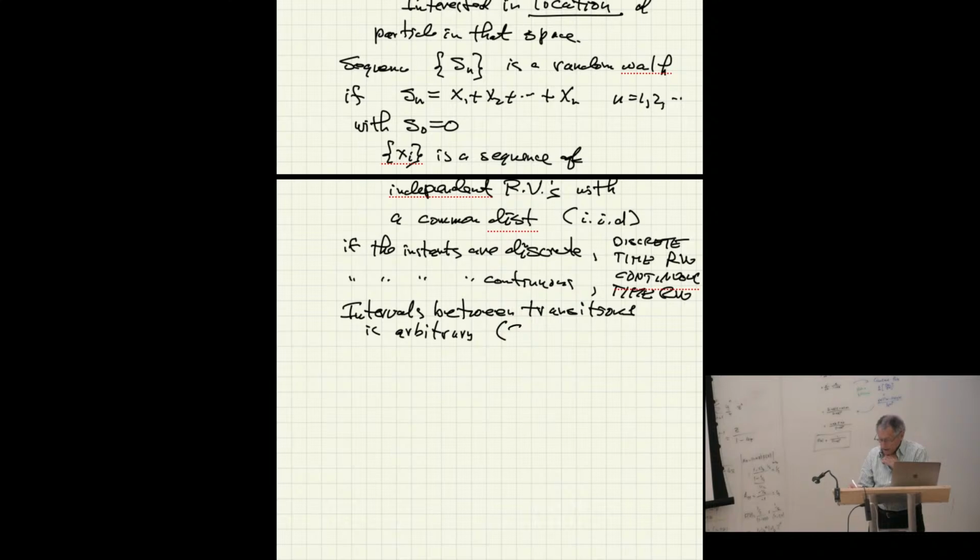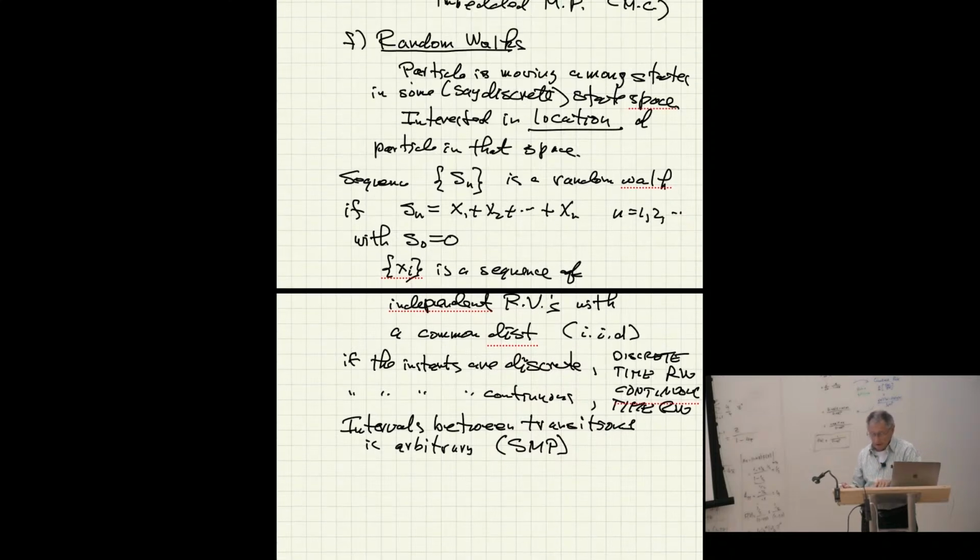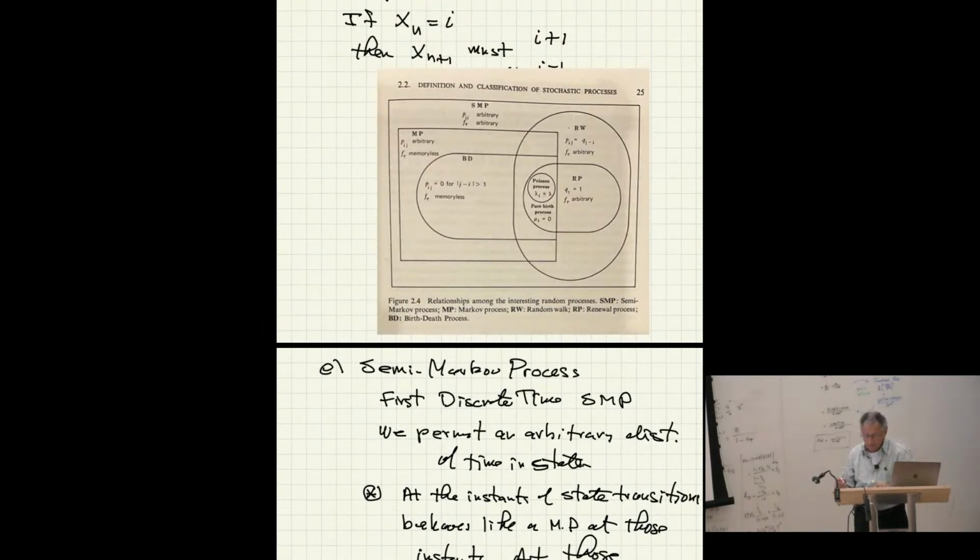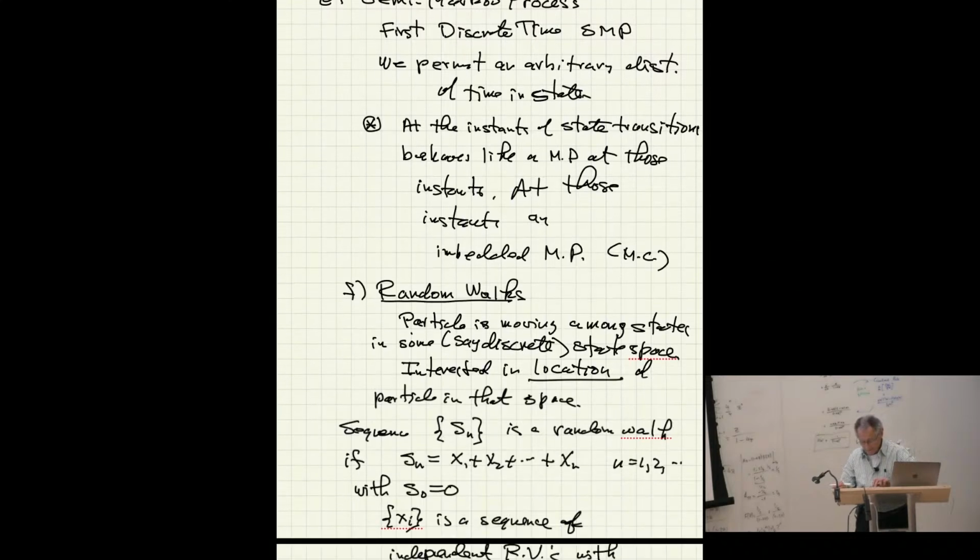Hence, it's a semi-Markov process. And we'll have occasion to see this thing come up. Again, if you look at my picture here, there it is. And basically, each step you add to the previous step. Okay.